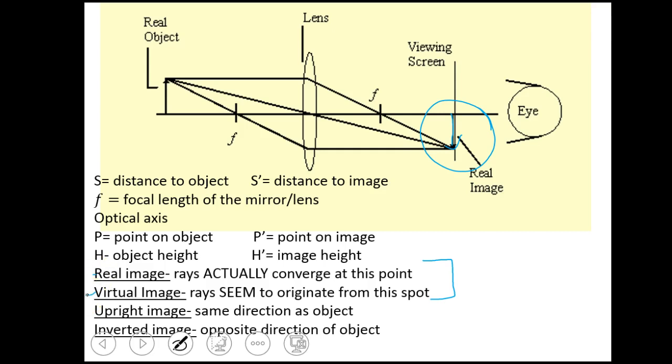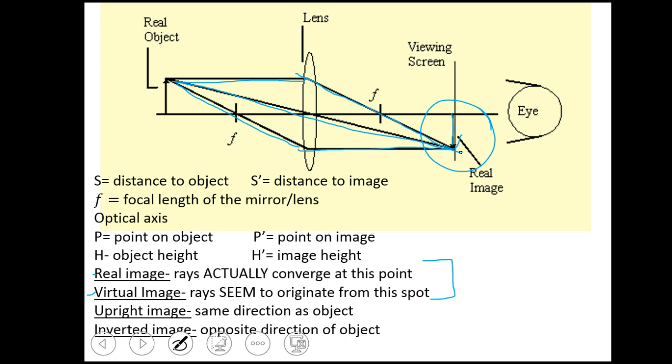And so a real image is where the rays actually converge. And so in this picture, the rays actually go through the lens, and the lens focuses them so that these rays actually come back together at the end, and so we get a real image.